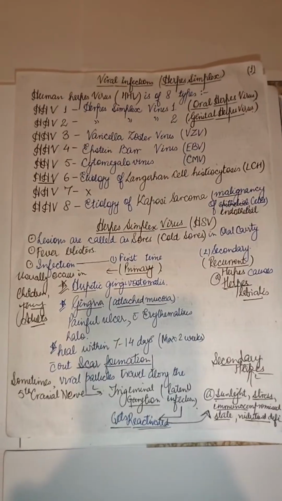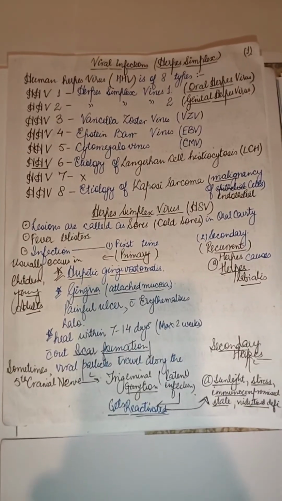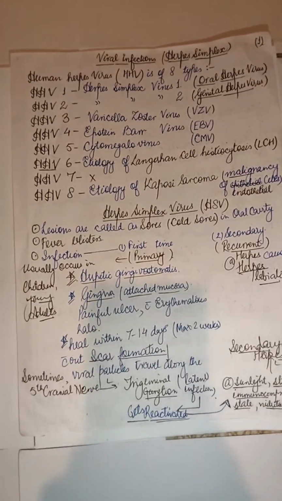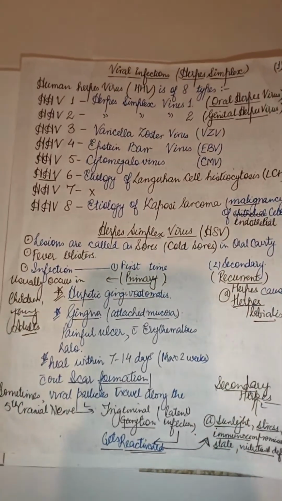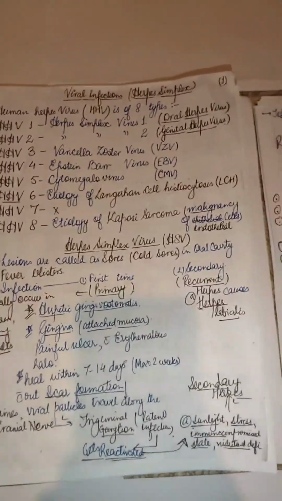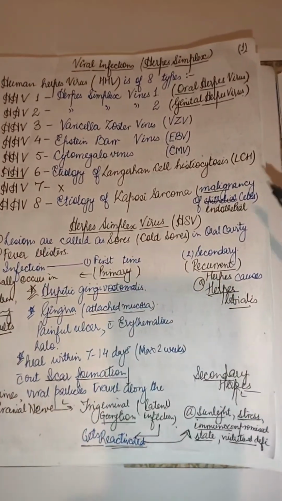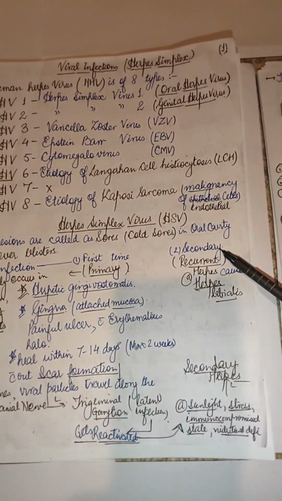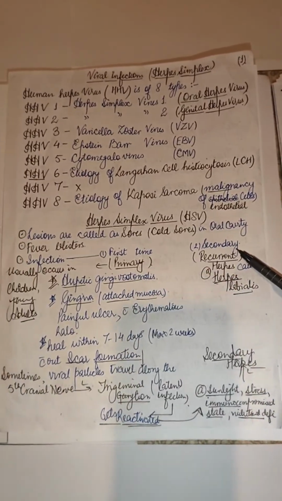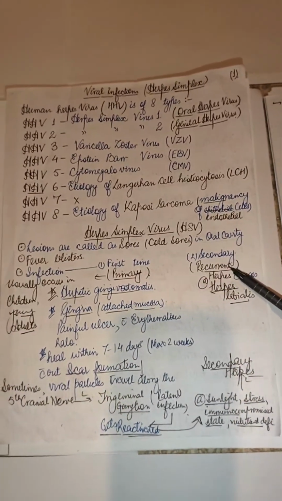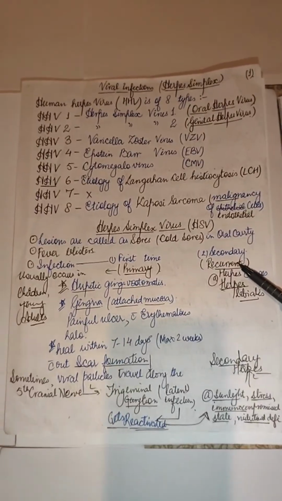Now, if the herpes simplex virus infection is the first-time infection, it is called the primary infection, and if it occurs again, that is referred to as the secondary herpes simplex virus infection, which is also called recurrent herpes.